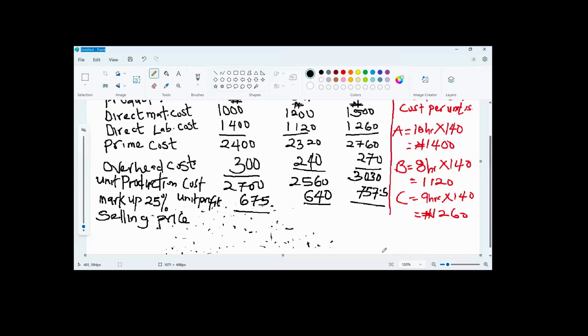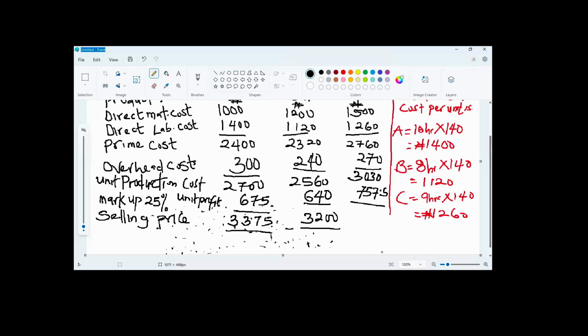If you want to add, you can add. 3,375. Next. 3,200.